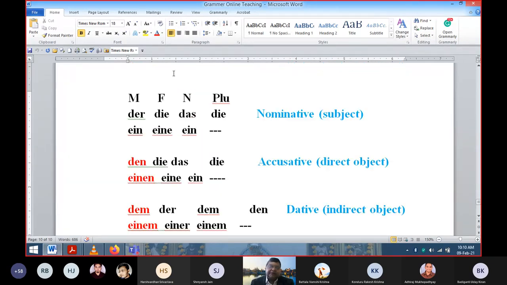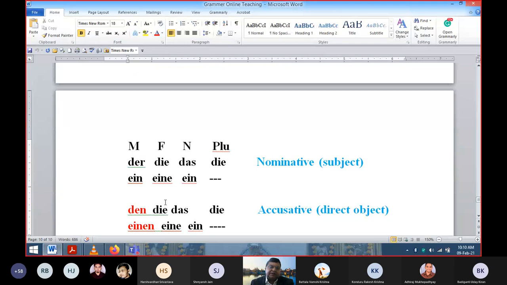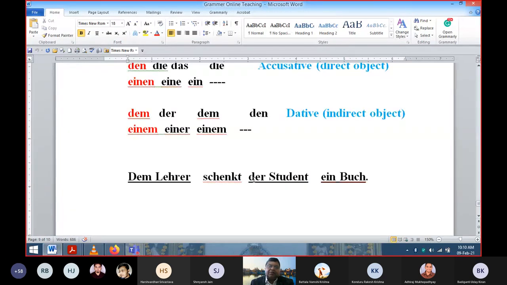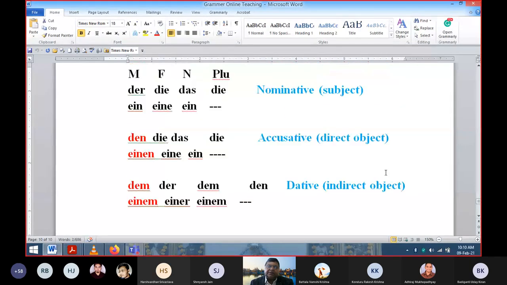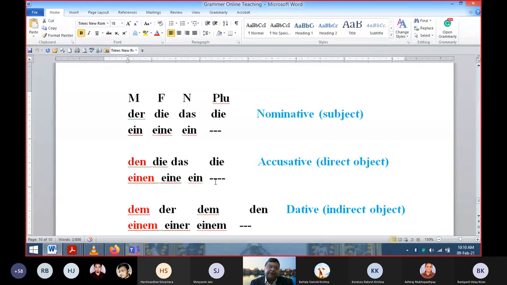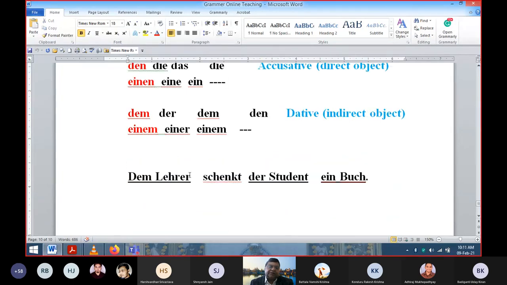So you select an article form from the subject group. Then what? That is the direct object, a book. For this you select an appropriate article form from the direct object group. Whom? That is, to the teacher. So this is the indirect object or dative. You put an appropriate article here.